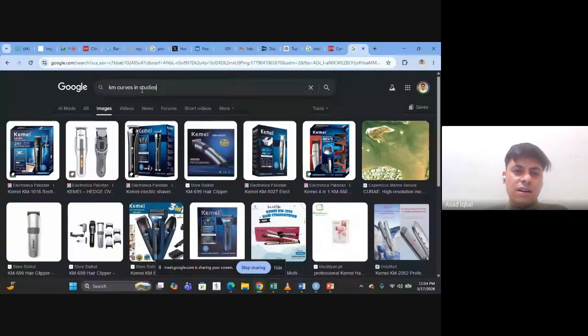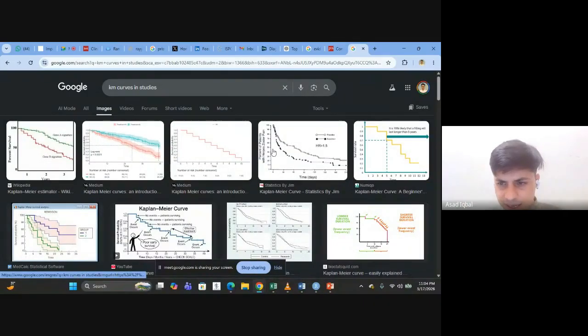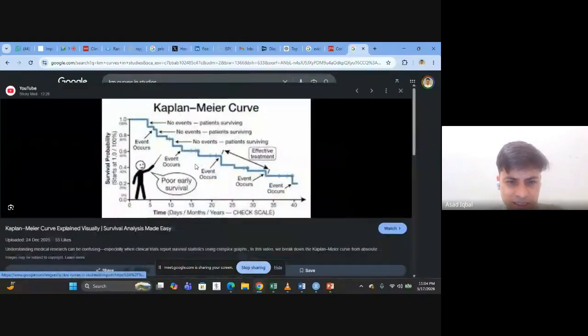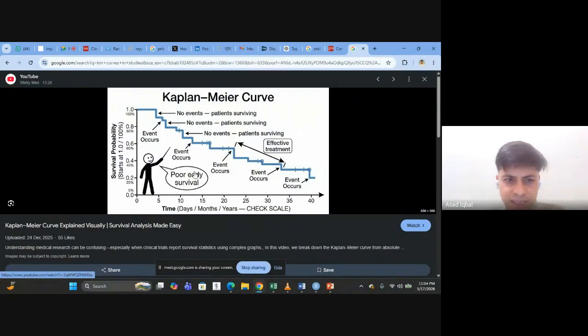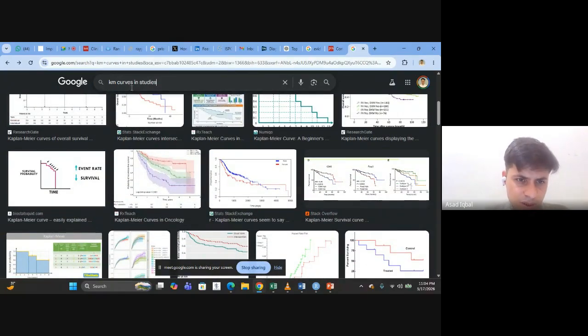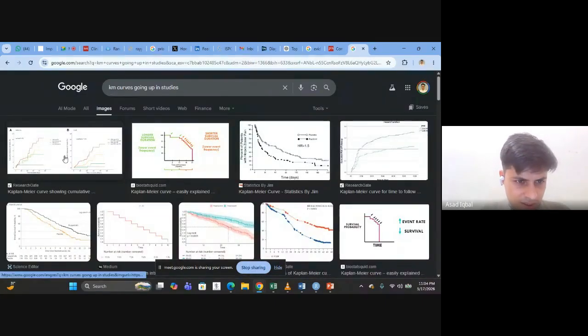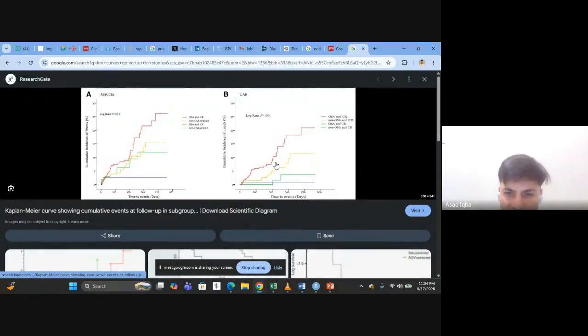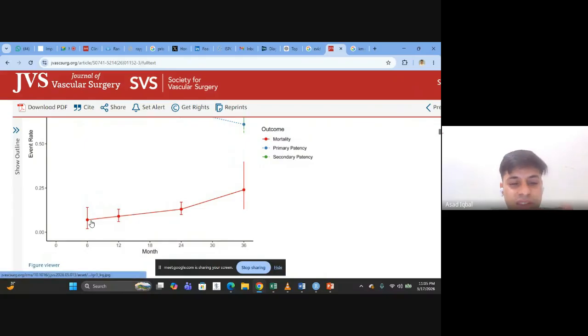So yes, these are Kaplan-Meier curves. What they represent is events with time. If you see, with the time, and these are events. At 6 months, then at 12 months, then 24, then 36.